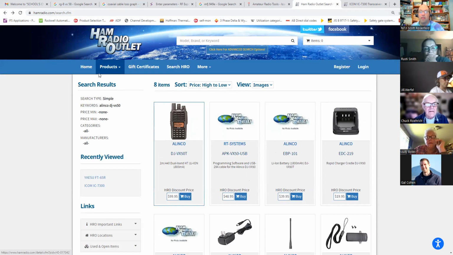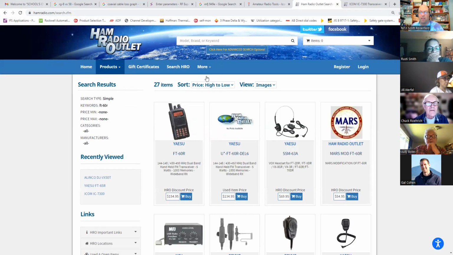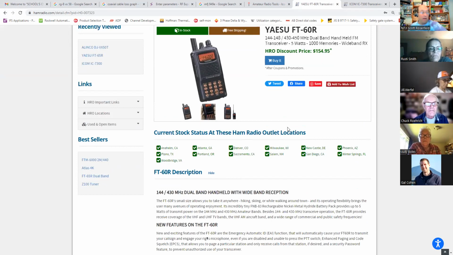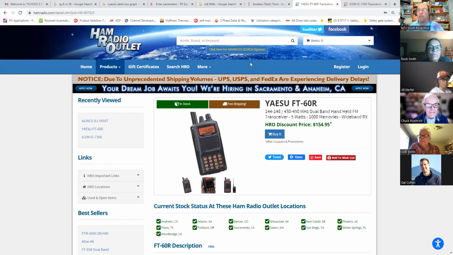This is actually a fairly standard radio that a lot of people in our club have. It's a 20-year-old design. I have 6 of them. It's a dual band, very rugged radio that a lot of people really like. Notice it's $150. You can sometimes find them used for $50 or $60. So, there's a lot of different options.